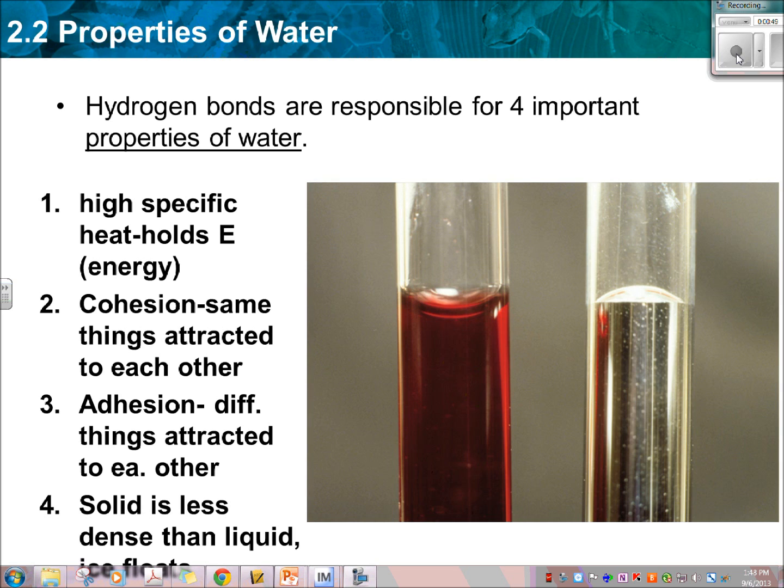Then adhesion: if your water molecule is attracted to the desk, that's adhesion. And this last one, solids are less dense than what? Liquids. Therefore, ice floats.